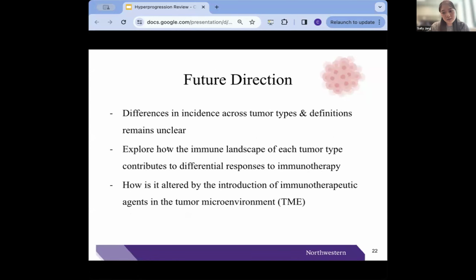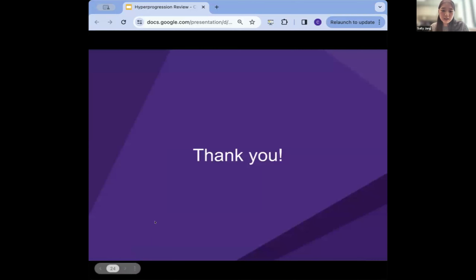Differences in incidence across tumor types and definitions remain unclear, and then explore how the immune landscape of each tumor type contributes to differential responses. And lastly, how it's altered by the introduction of immunotherapeutic agents in the tumor microenvironments. So that is it. Thank you.